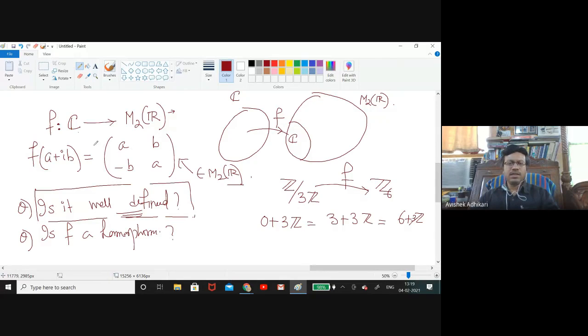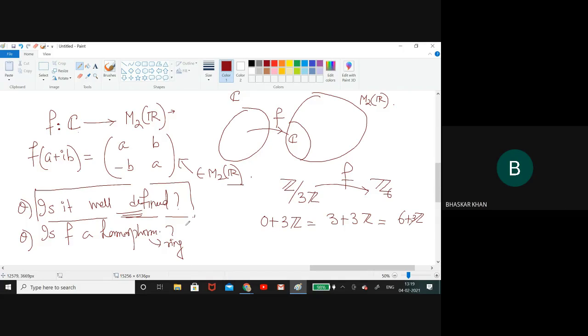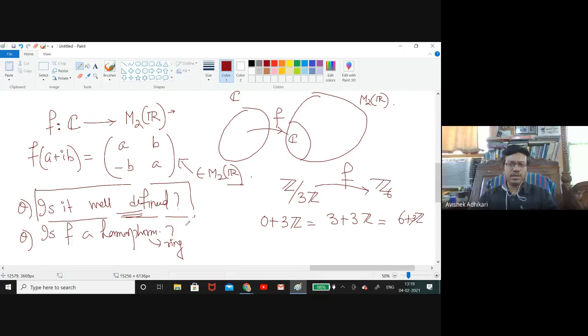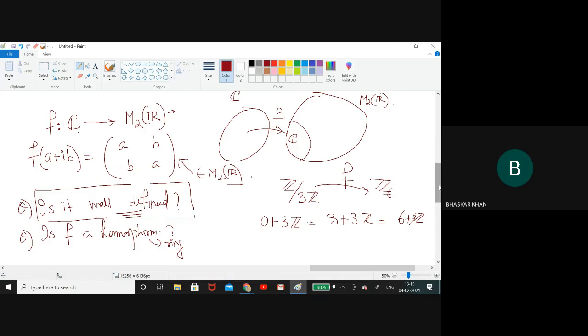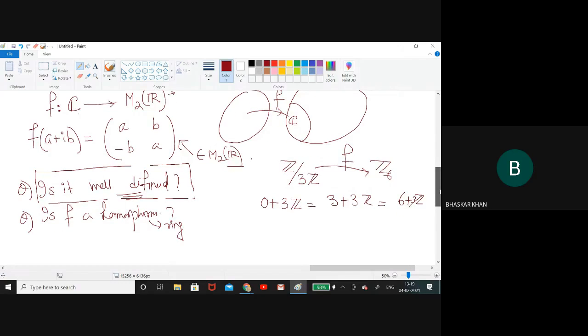You can think of this as a ring, and then M2(R) may also be considered as a ring. Then is it a ring homomorphism? Yes, sir, under addition it's a ring homomorphism, but not in multiplication.